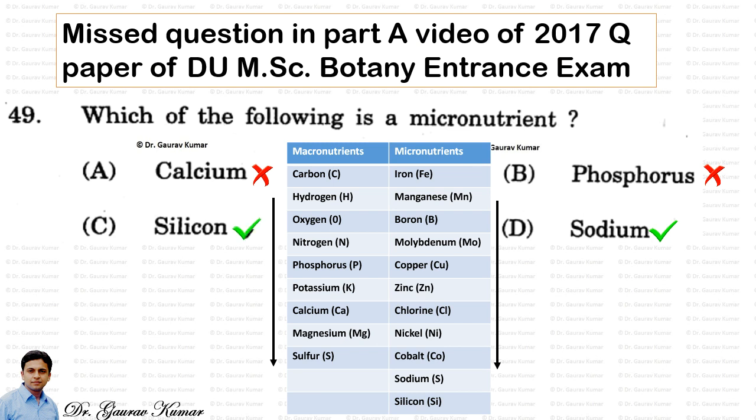This is the list that I have made of macro and micronutrients. You can see on the left and right-hand side I have made a down arrow which indicates the amount of essentiality of that particular macro or micronutrient. So you will find that silicon is the least essential micronutrient among all, and among the macronutrients sulfur is the least essential. So in this question both the answers, silicon and sodium, were correct.